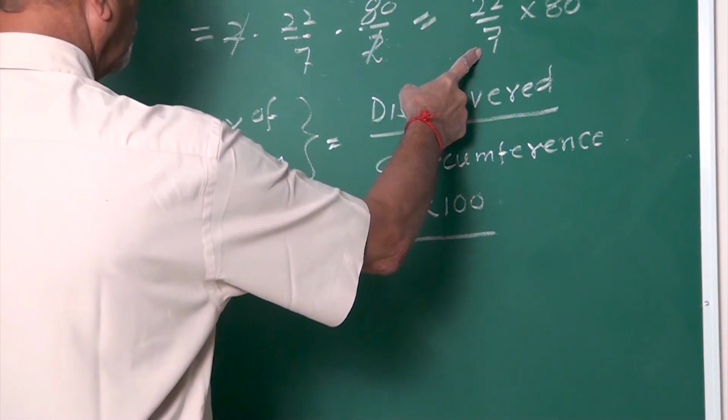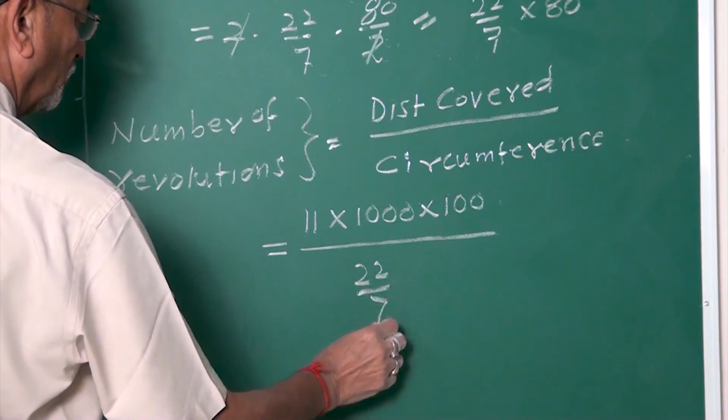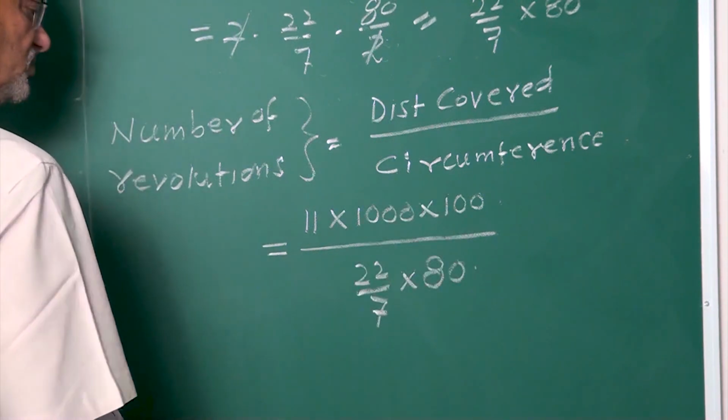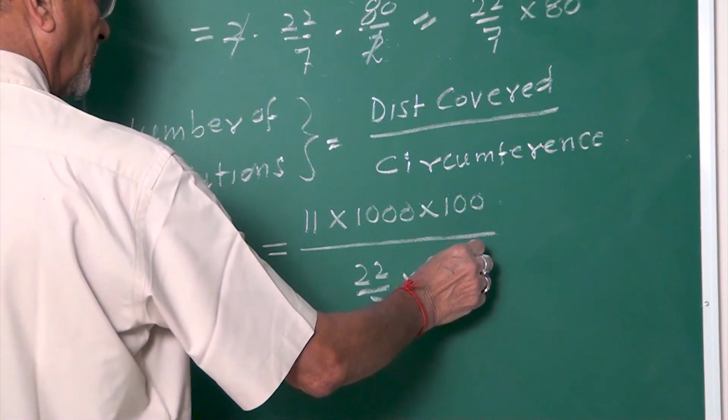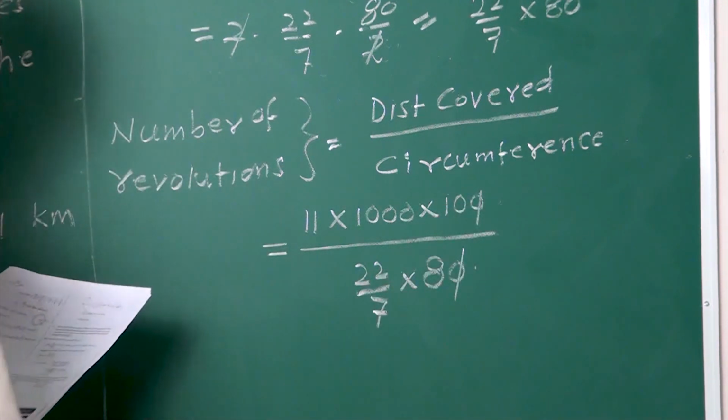This is 22 by 7 into 80. Simplify this. This 0, my friends, cancels with 0.